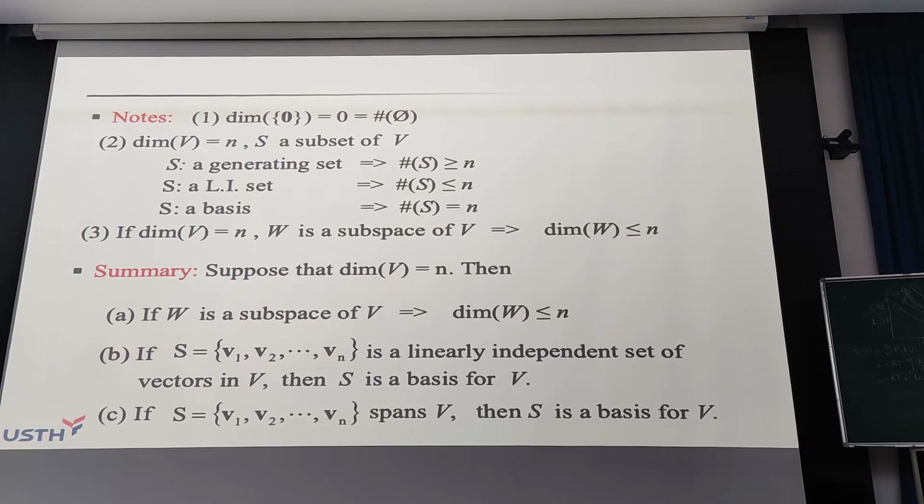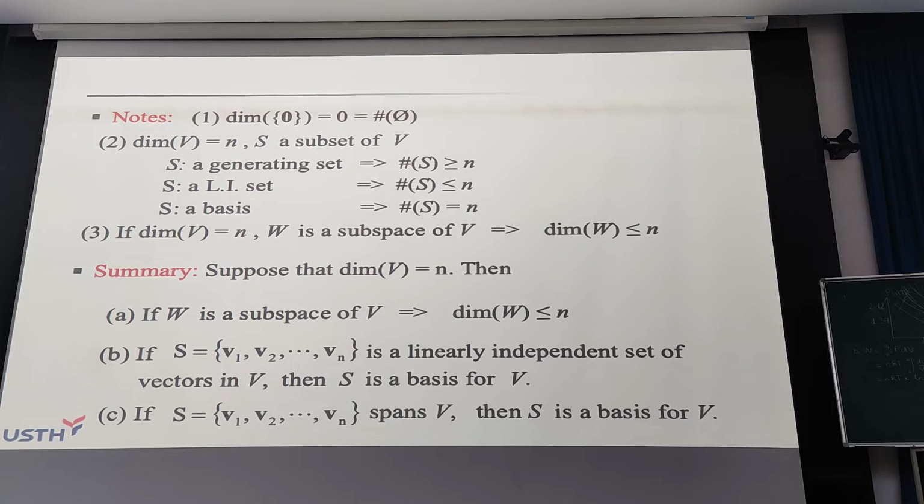If the dimension of V equals n and S is any subset of V, then you have three possibilities. The first one: if S is a generating set, then the number of vectors in S must be at least n, greater than or equal to n.